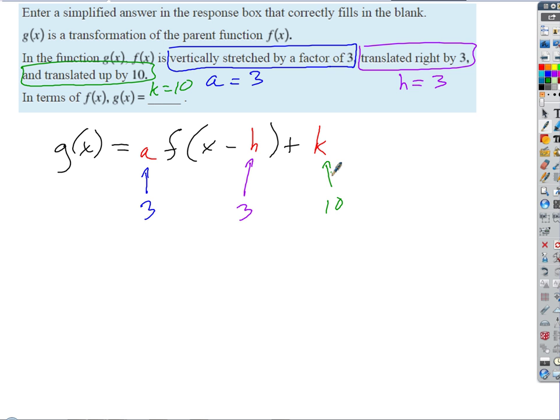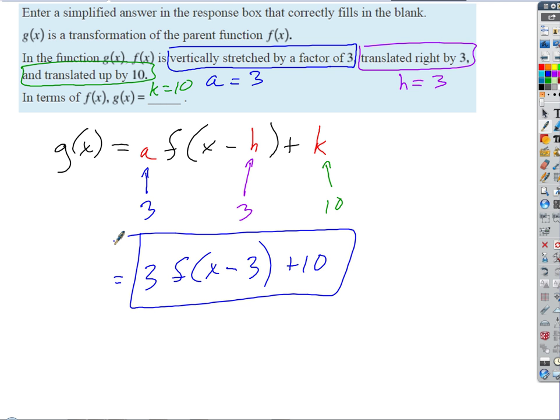You can't do anything else because you don't know which function this actually is. We're just calling it f of x. We don't know if it's x squared, or a square root, or an exponential function. We don't know what it is, right? So our answer has to just be 3 times f of (x minus 3) plus 10.